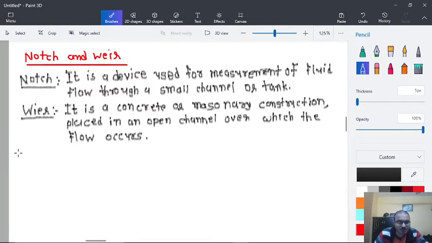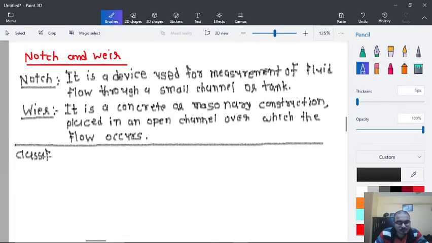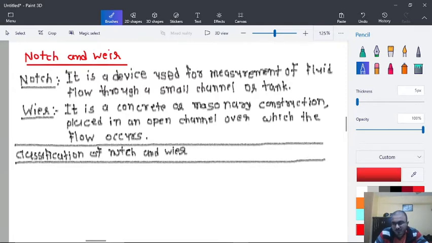So let me write down the name of that theory: classification of notch and weir. This will be a part of self-study for you.